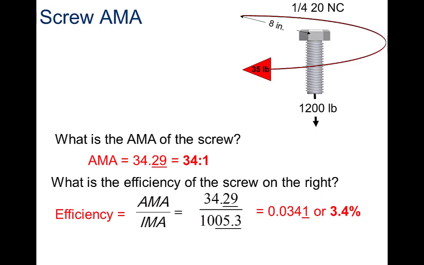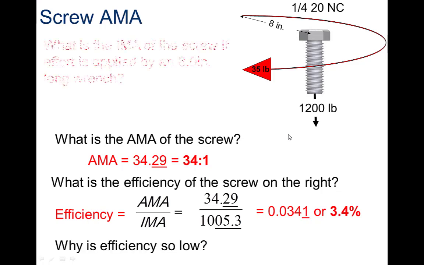Pretty big compared to other simple machines. But think about this efficiency. Look at this. IMA is 1,000. The ideal mechanical advantage is 1,000. And by the time we get done with friction, we're at 34. Wow, what a loss. Really, really low efficiency. All right, lots of friction.